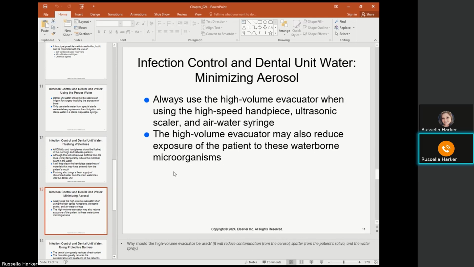The high volume evacuator can also reduce the exposure of the patient to the waterborne microorganisms. So because it reduces aerosol and spatter from the patient's saliva and the water spray, it picks up big pieces of materials, it picks up tooth fragments. So the HVE is what we should be using as an assistant for our suction.